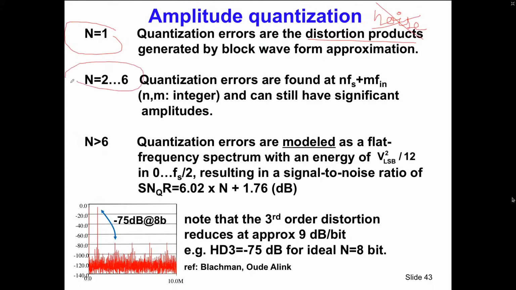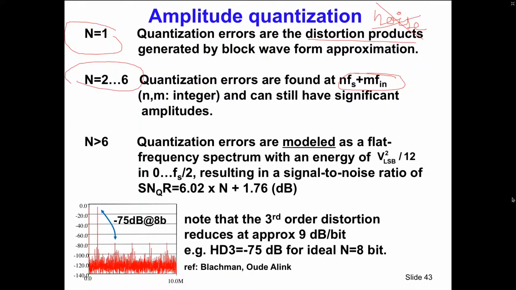For NS2 to 6, you get quantization errors, mostly at integer times the sample rate plus or minus integer times the input frequency, and that means that you basically are looking at a grass field of tones in your spectrum.